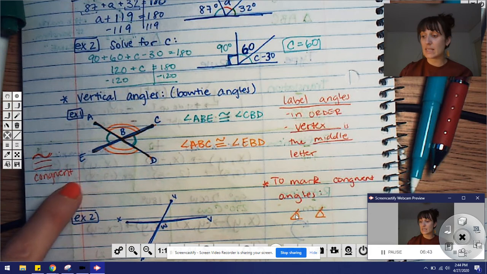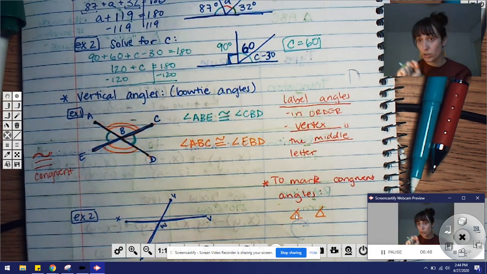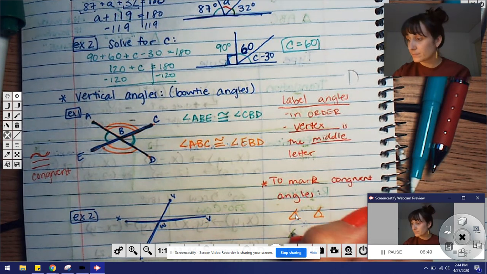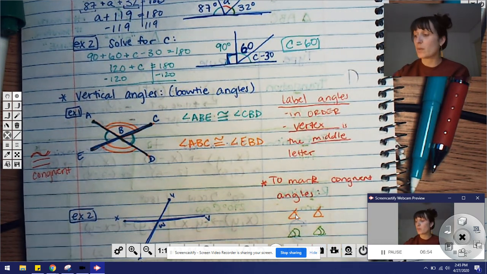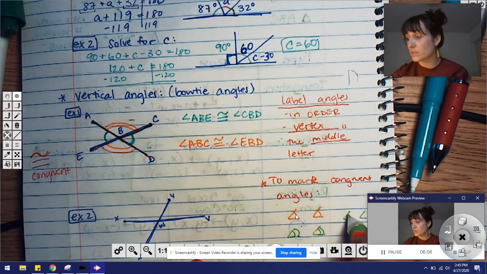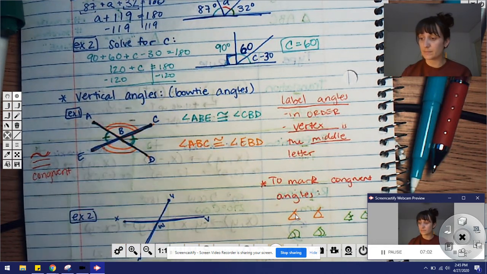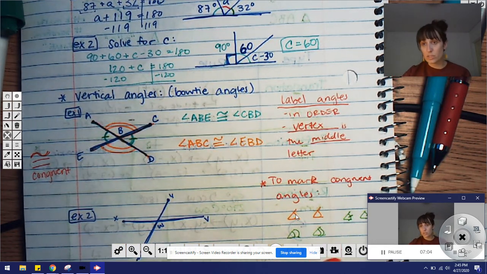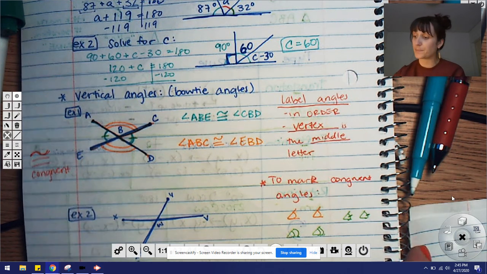Angle ABC and angle EBD are congruent, so I mark them with two curves. You might also see it in a way where it's a curve with a little dash through it. That's another way that we show congruence. Don't worry if that feels confusing to you. This is something you're going to get exposed to over and over throughout this unit.